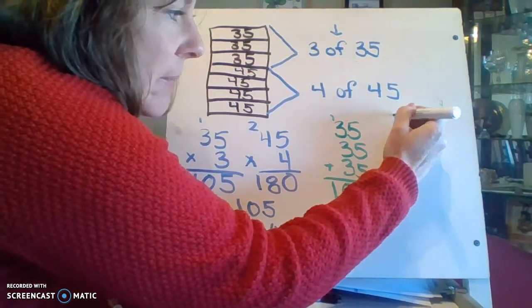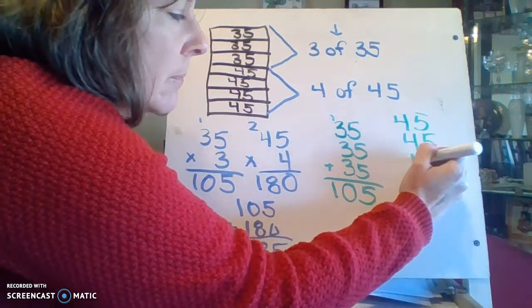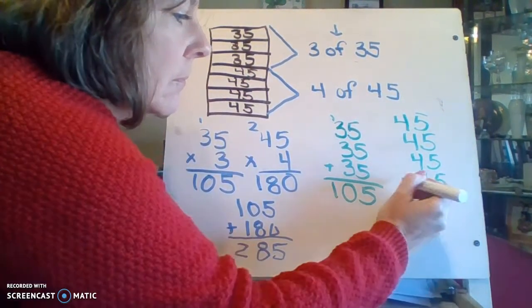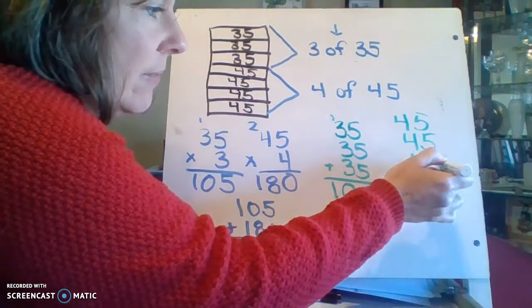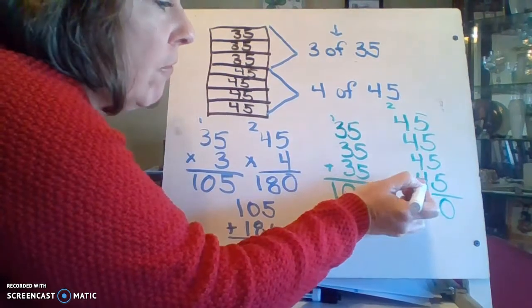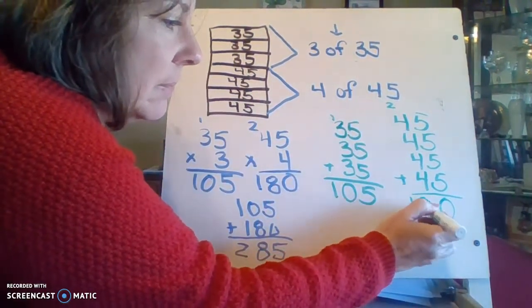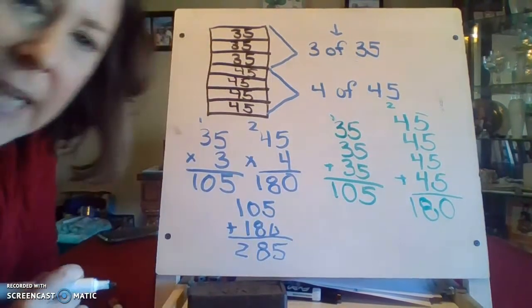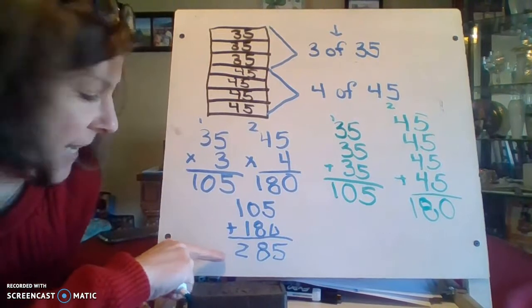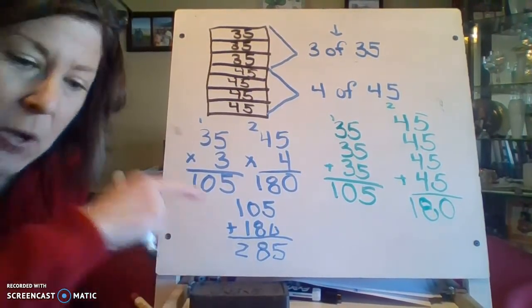And then they decided maybe instead to add all those 45s. 5, 10, 15, 20. 4, 8, 12, 16, 17, 18. And I get the same two exact numbers that when I add is going to give me that 285.